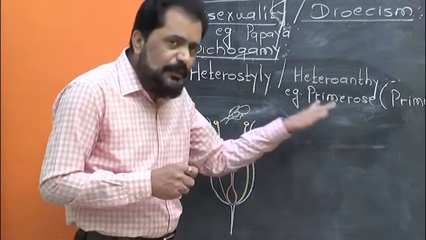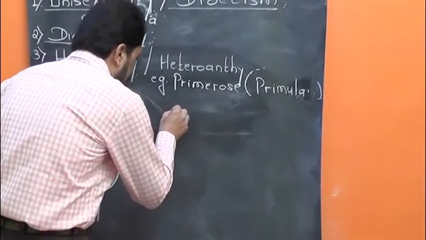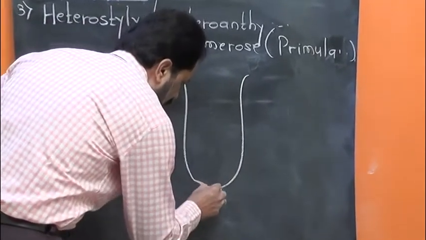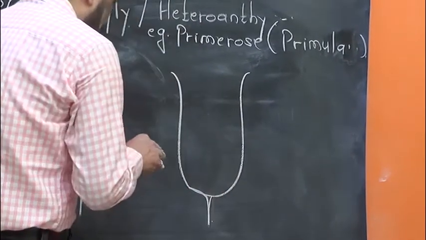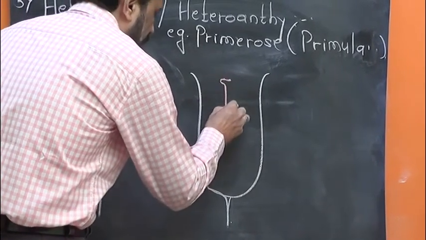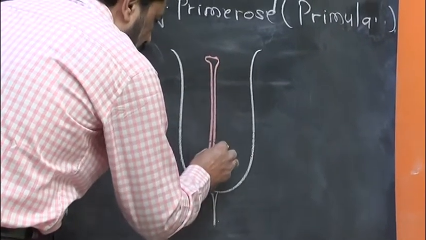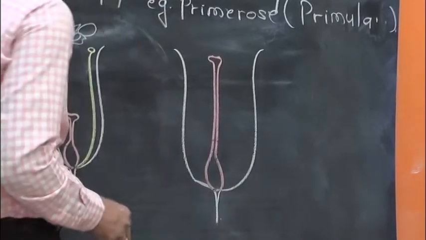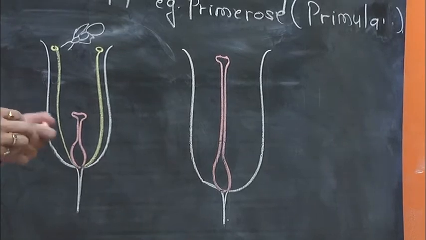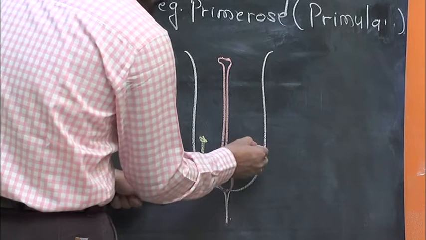But another variety of Primrose shows exactly the reverse condition. In another variety of Primrose, the carpel is very much elongated. Look at the diagram. The carpel is very much elongated, and that's why the stigma is at the higher level while the stamens are short due to short filament.